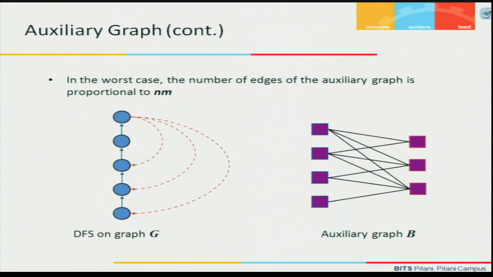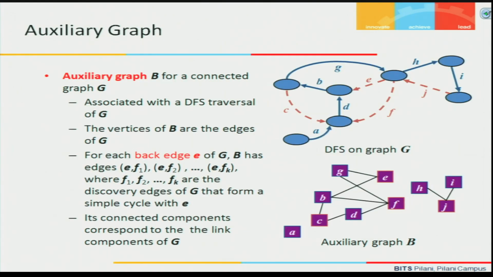In the worst case, the number of edges of the auxiliary graph is going to be proportional to nm. So, if you look at your auxiliary graph and if you look at the connected components of that, you see that each of these is going to be a biconnected component.